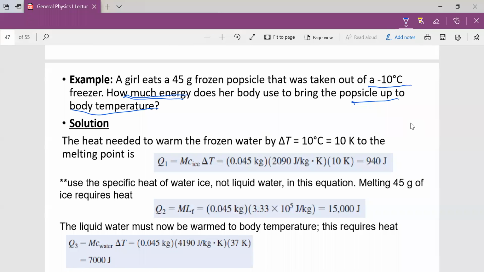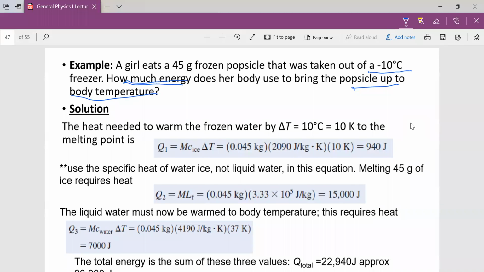Because as she's eating the frozen ice cream on a stick called popsicle, it's going into the system. The body is doing a kind of heat transfer to bring about a phase equilibrium, because it's going to dissolve using the body heat.